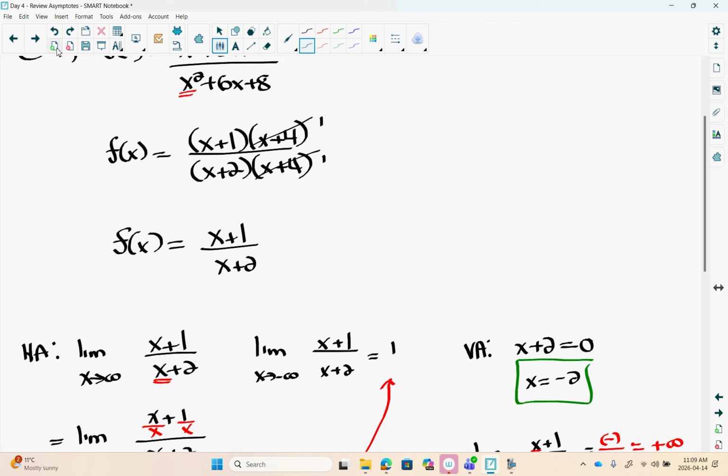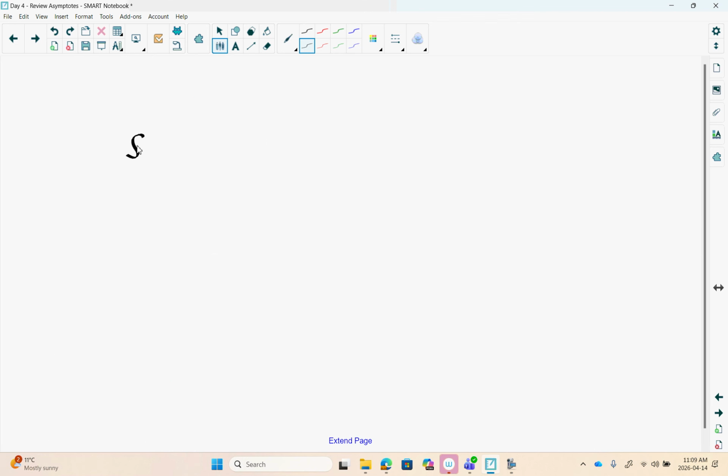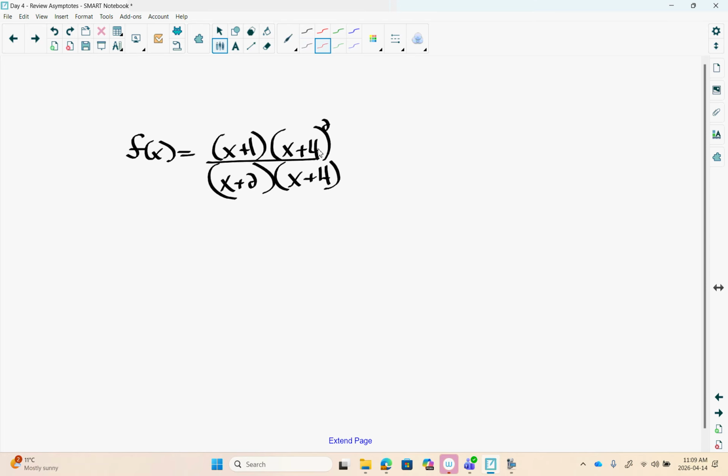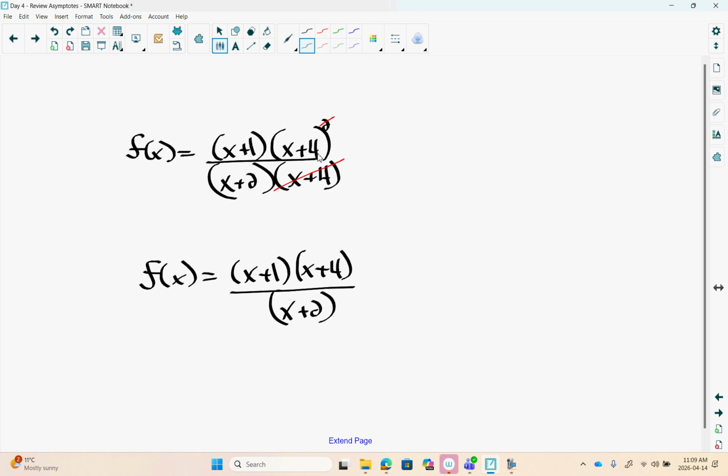So I want to show you what I mean by that. Let's say I had f of x equals x plus 1 over x plus 4 squared, and then I have an x plus 2 over x plus 4. I can do some canceling here, like this would cancel one of those, and I'd be left with this. That won't create a hole in the curve.